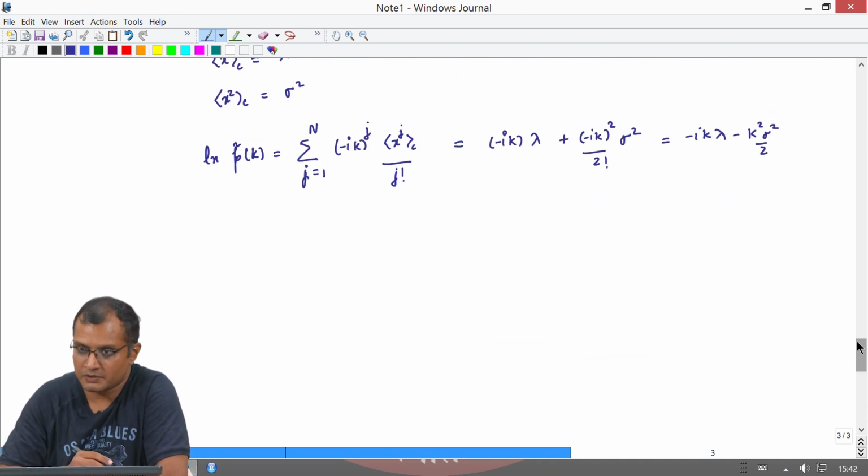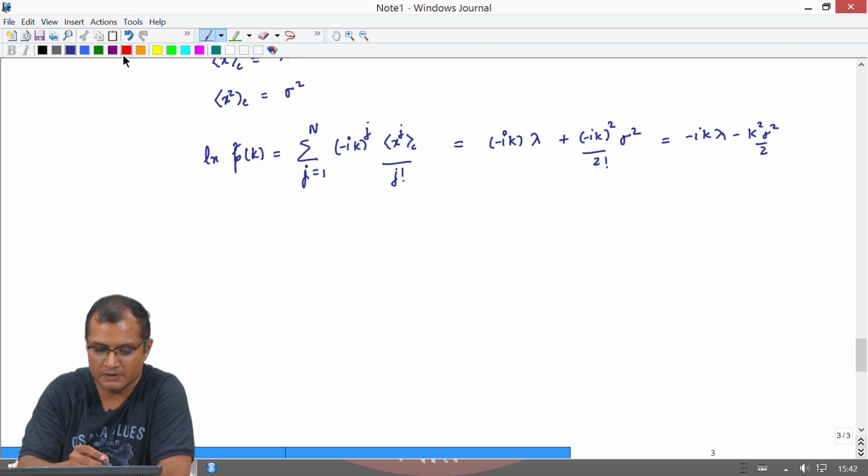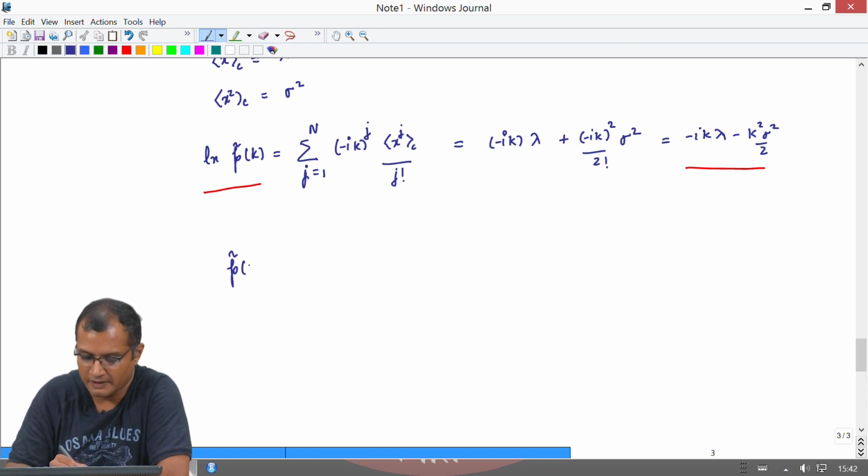Now, if you compare these two terms, you simply raise both sides to exponential, and you get p of k as e raised to minus ik lambda minus k square sigma square by 2.